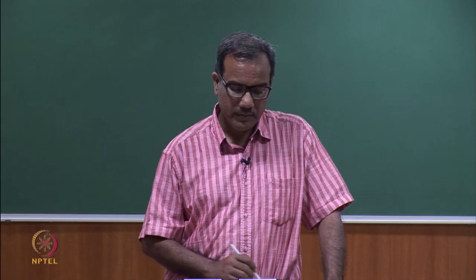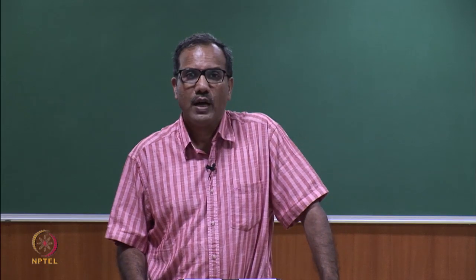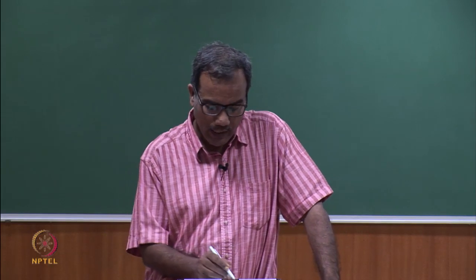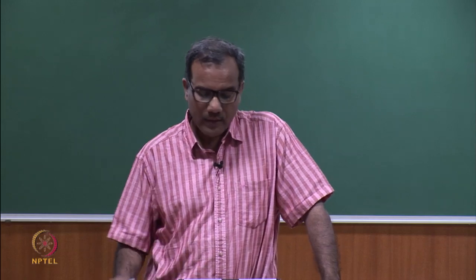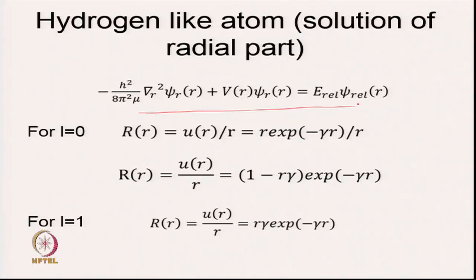In the last lecture, I showed you when you solve this Schrodinger equation, you will get different values of the radial function. The value of the radial function will depend on the L value.